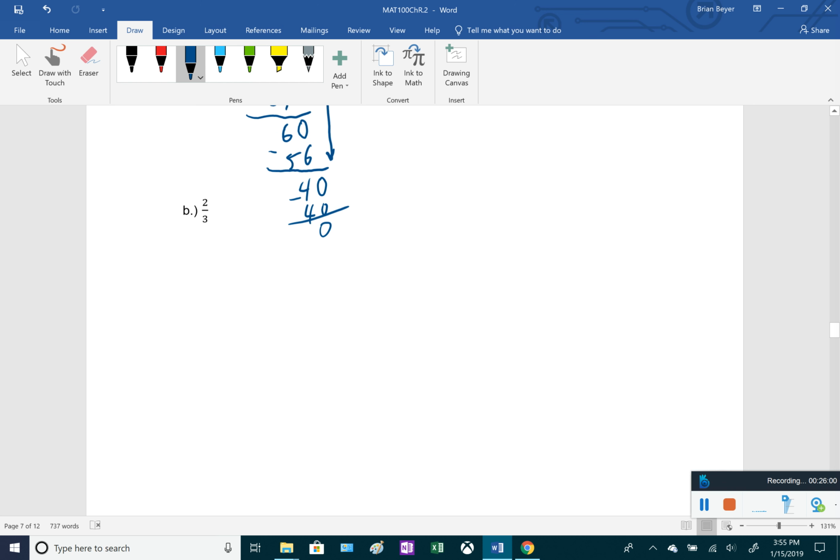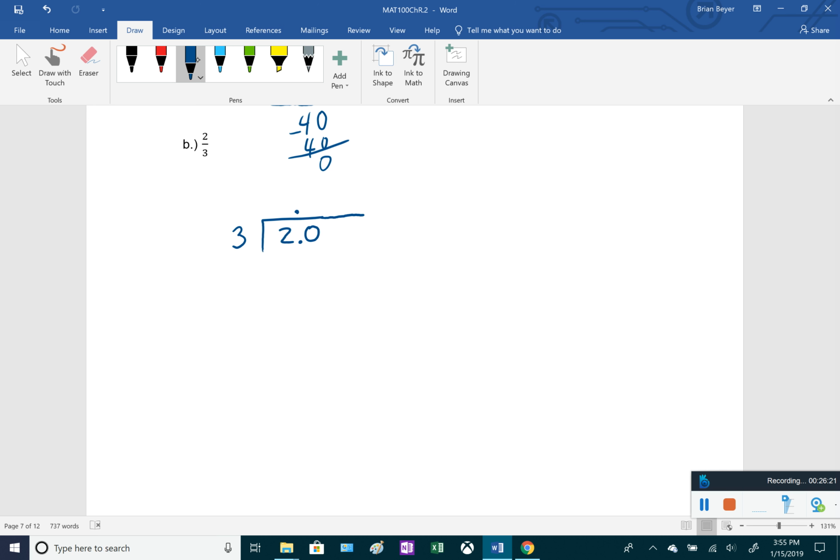Okay, and the next one, 2/3, or 2 over 3. Maybe you know this one off the top of your head. We're just going to be dividing 2 over 3. For this one, we actually need a decimal point to help us, because 3 does not go into 2. So we need to put a 0 here. 3 goes into 20 6 times. 6 times 3 is 18. 20 minus 18 is 2.